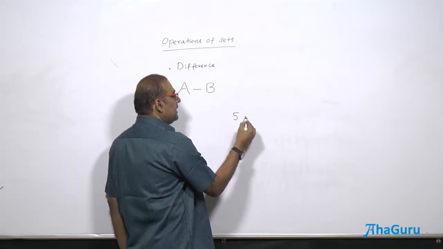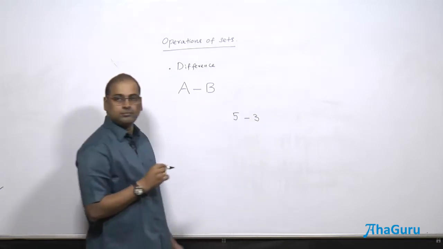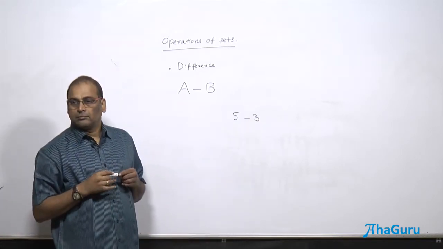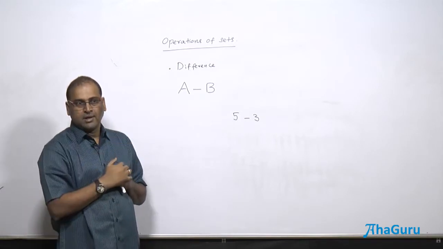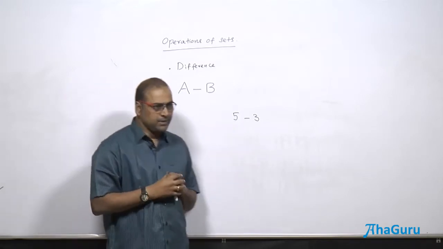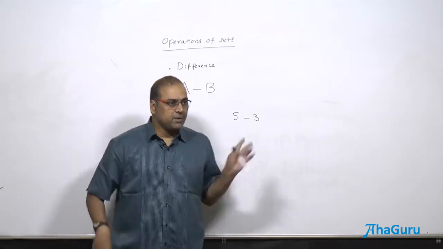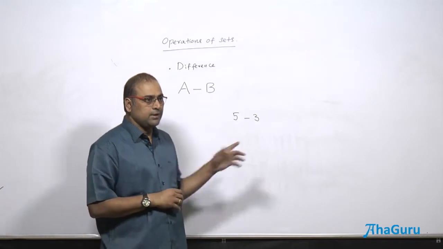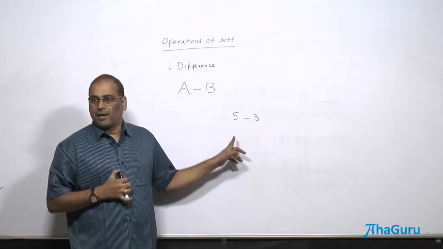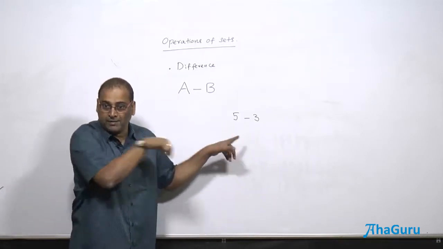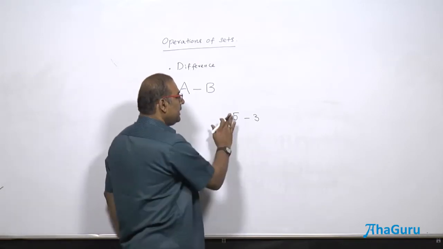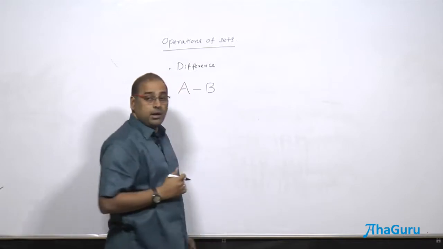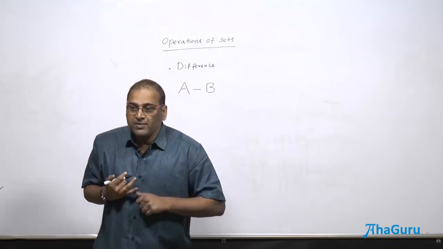When I have something like 5 minus 3, we have 5 items and 3 items, and we take away 3 from the 5. All the 3 must be a part of the 5, so you take a part of that only, and then you get 2. But here it is not like that, because the entire B need not be present in A.